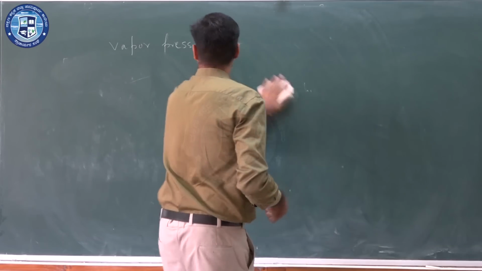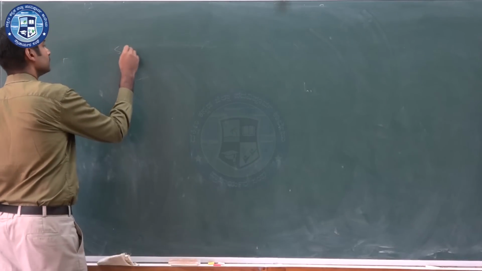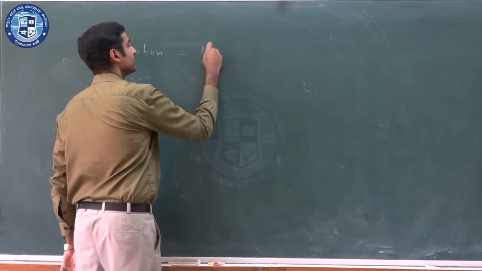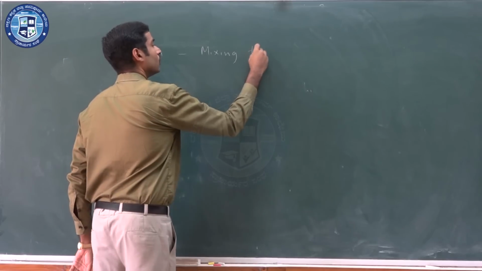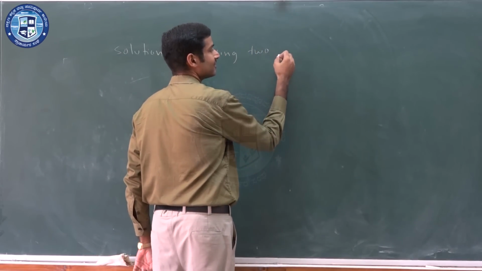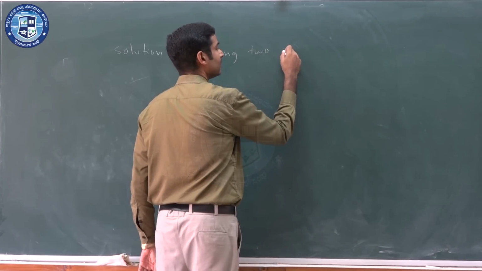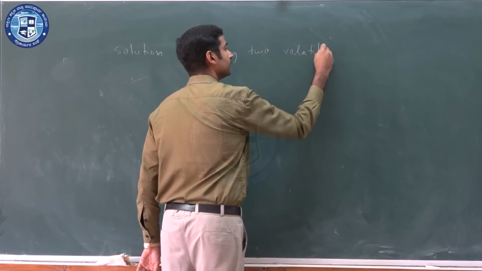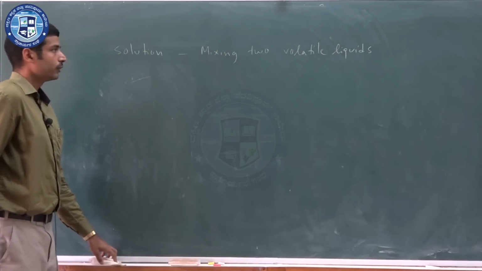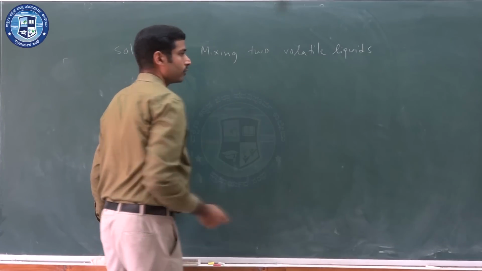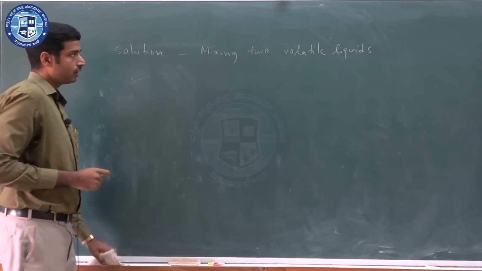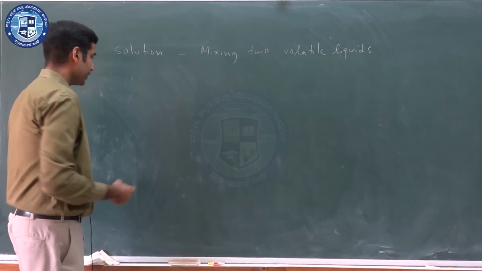We will now have a solution obtained by mixing two liquids. One property that we associate with these liquids is that they are volatile. So, you are mixing two volatile liquids and you are getting a liquid solution. Let us try to understand what happens in such a situation.